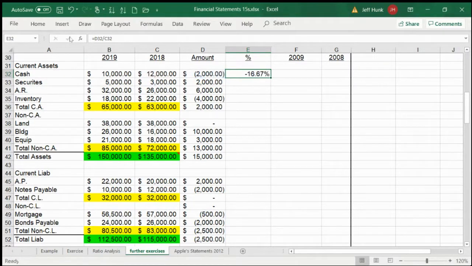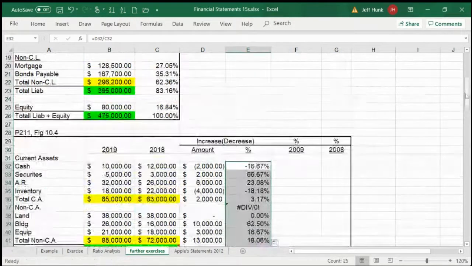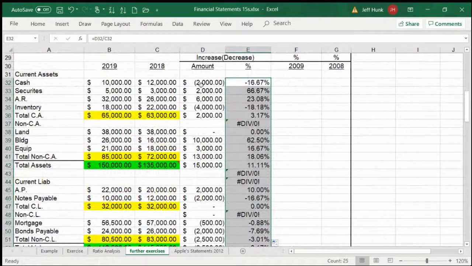And since I already formatted it as percentage, it's going to give you automatically the percentage. Because it's the same formula, this divided by this, you just drag it down.